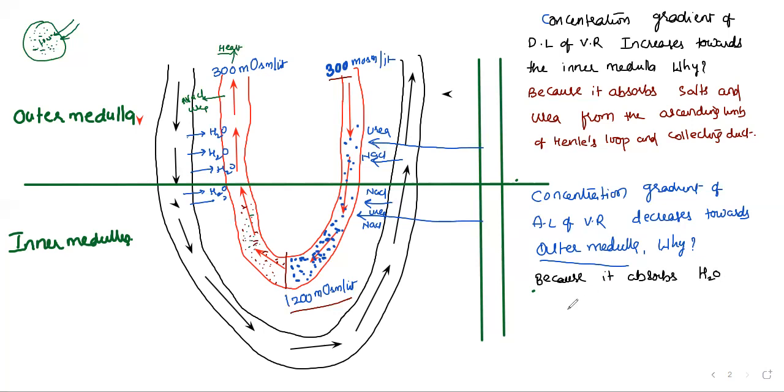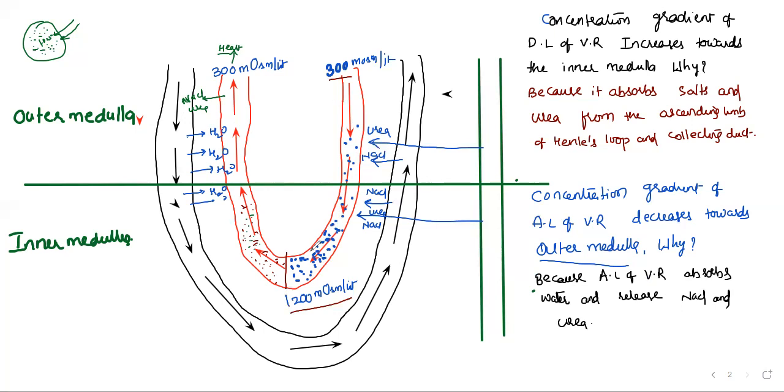We'll write in detail: because the ascending limb of vasa recta absorbs water and releases sodium chloride and urea. Okay, so we need to understand this is an intelligent move.